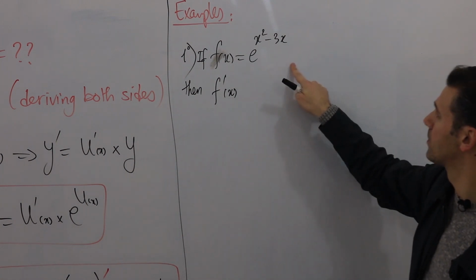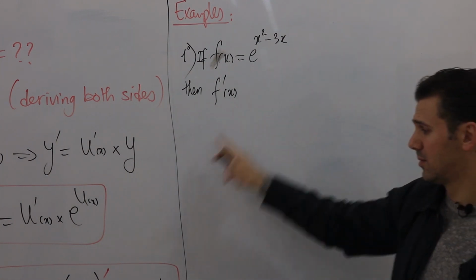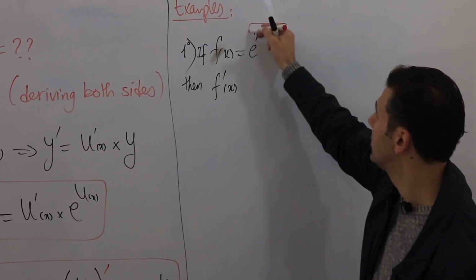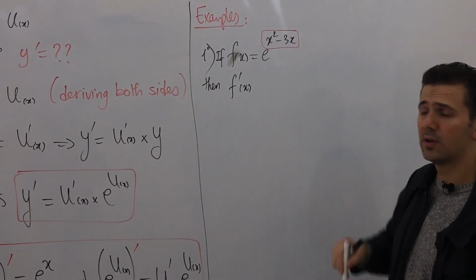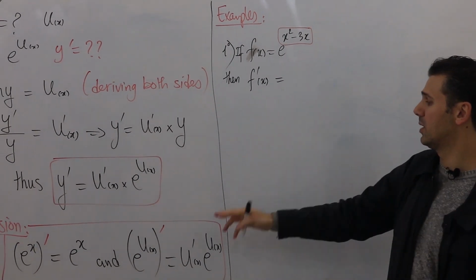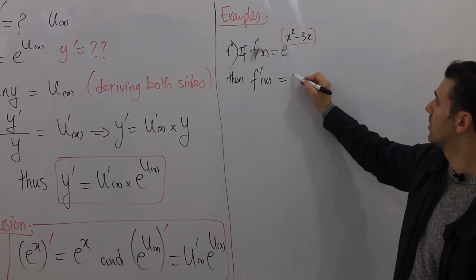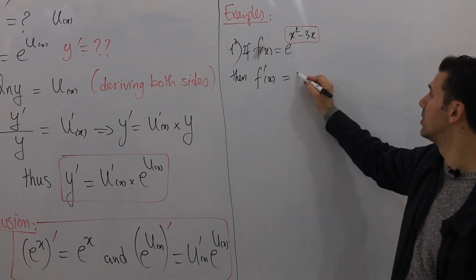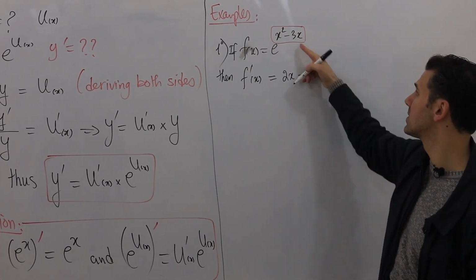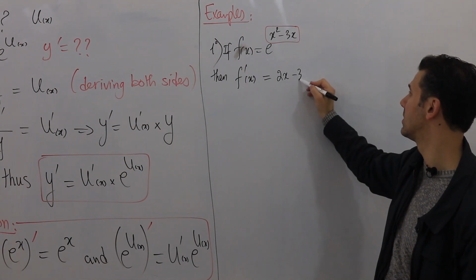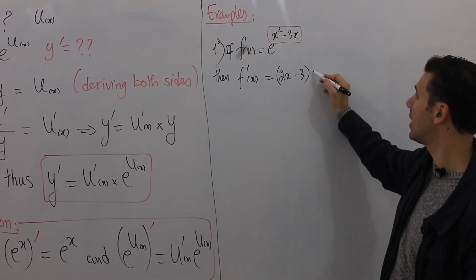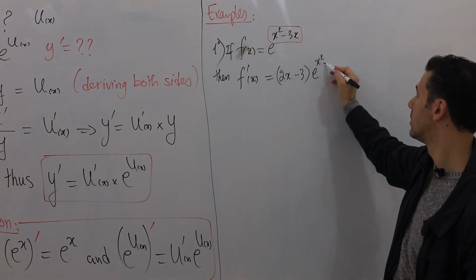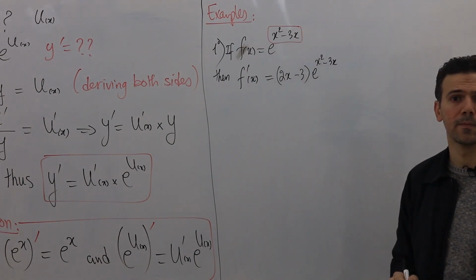Look at this. It has the form of e^u. This exponent plays the role of u. According to the rule, the derivative will be u prime. So the derivative of this exponent will be 2x minus 3, multiplied by the function itself, e^u. That's it. Okay?